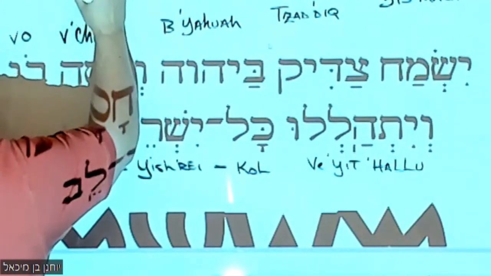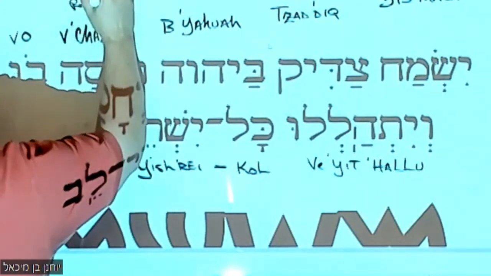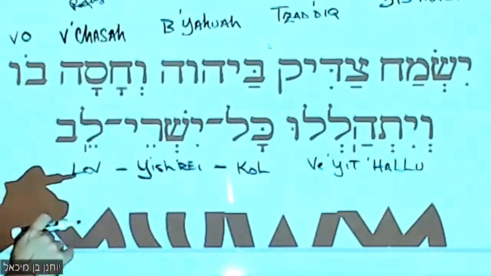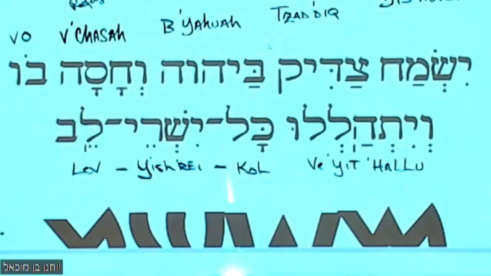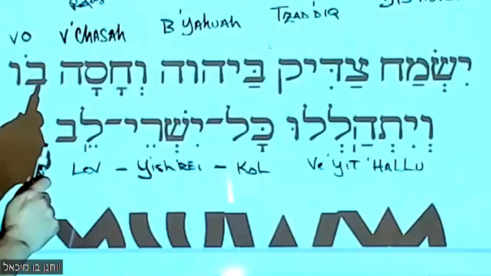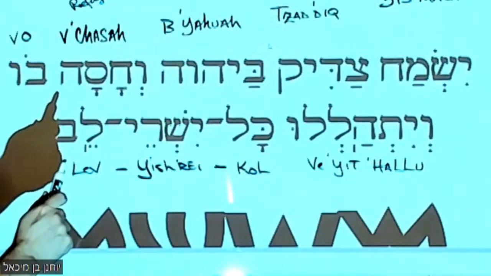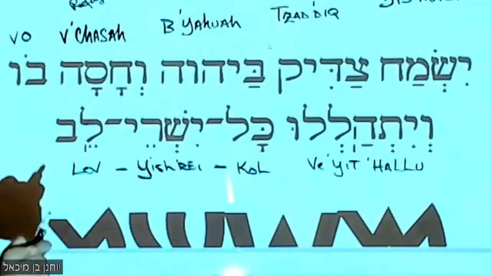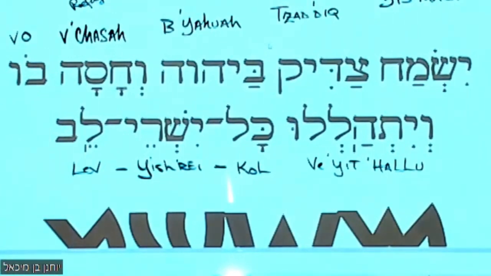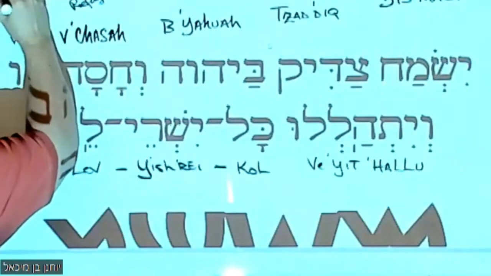Let's say take refuge. And take refuge where? The vet is in what? In where? In him, the o. If we were to break it apart, it's ba o, but it's pronounced bo, and the context is that it's in him. So, and take refuge in him.